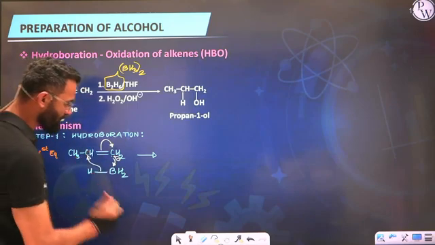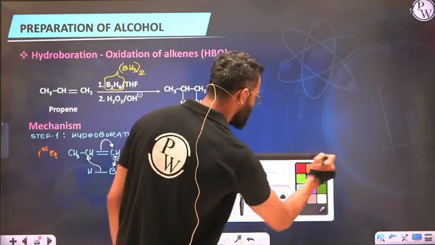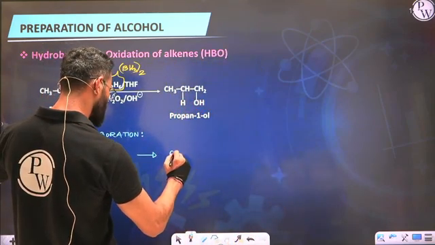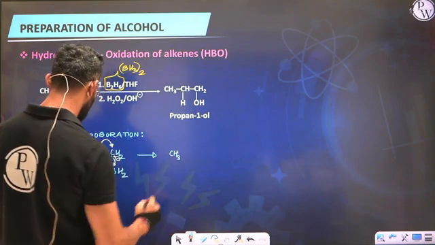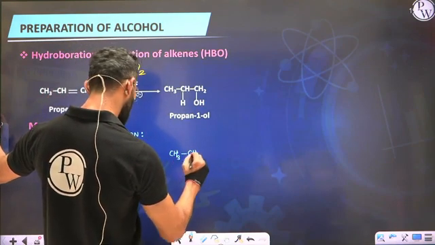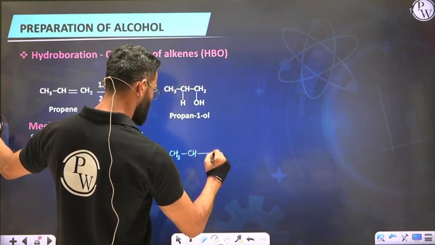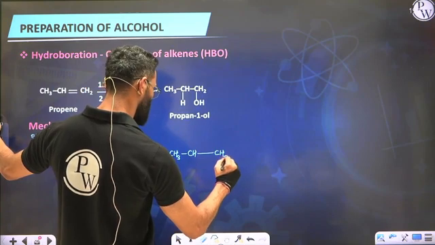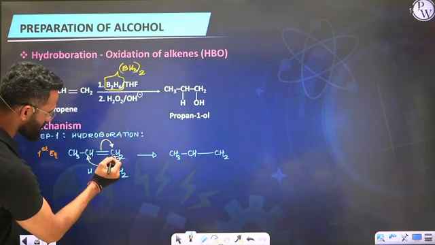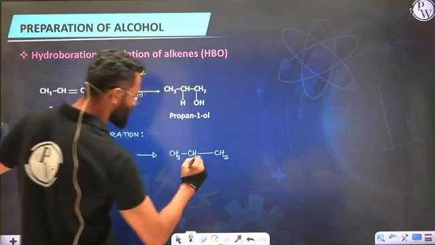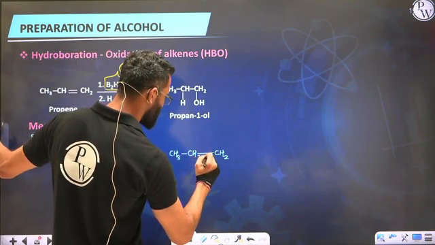Now whatever we have shown, if I write down the 4-member transition state, it will look like this. CH3, CH, single bond, CH2. Now there is a bond formation between carbon and boron, and the pi bond is broken. So the bond which is broken, I am representing as a partial bond.